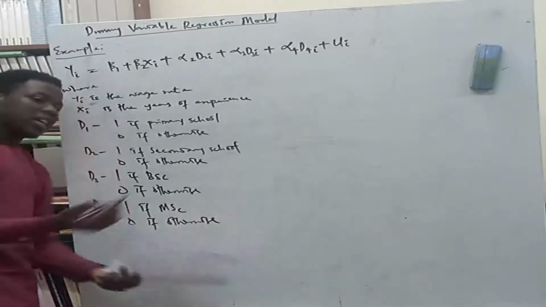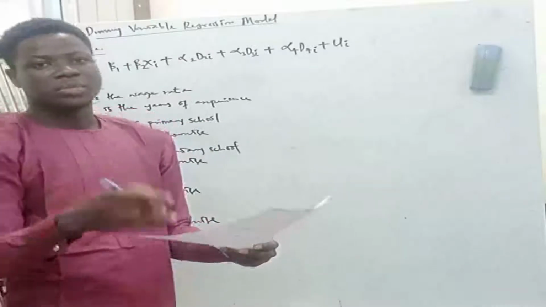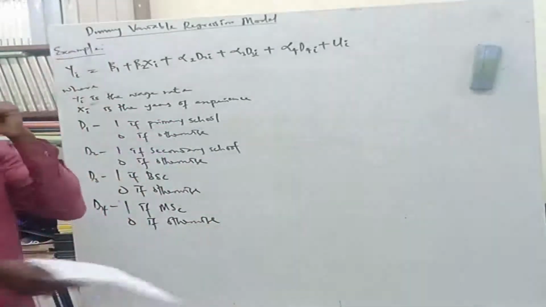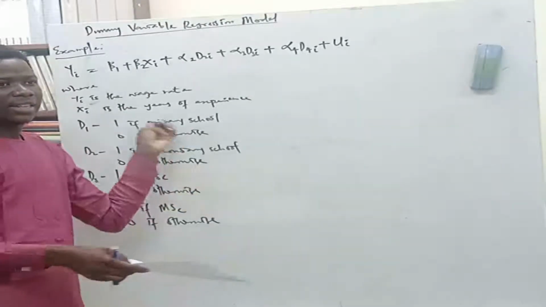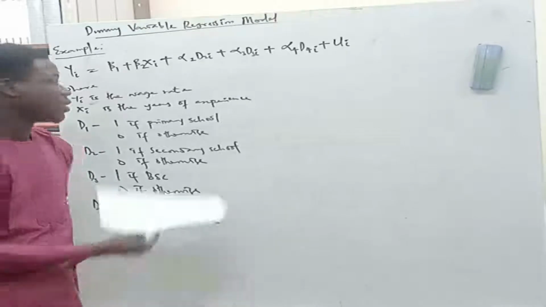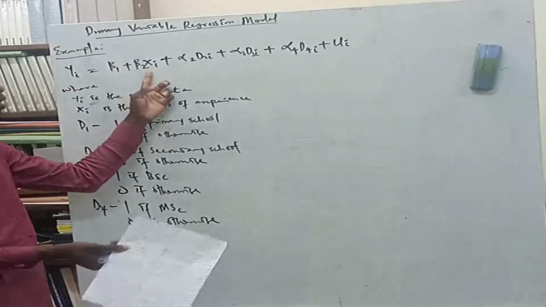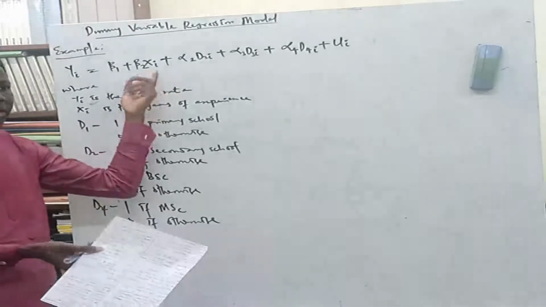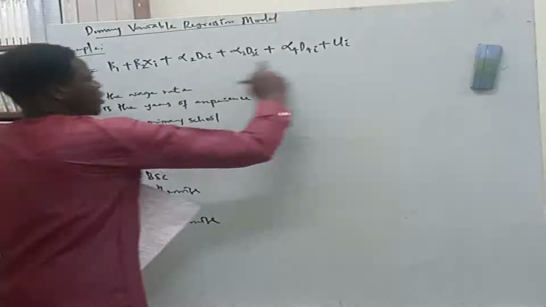Now, another thing you have to do is choose your base category. Before I move to that, look at this model. Is this an ANOVA or an ANCOVA model? It's obvious. You have a quantitative variable here, which is the years of experience. Then you have the dummies.